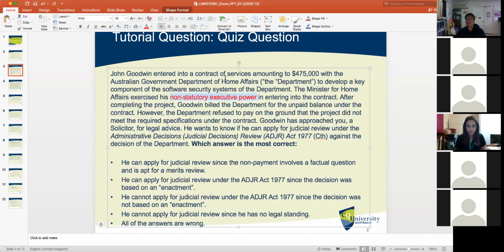But how about jurisdictions such as the UK or New Zealand, where they don't have a written constitution? What then is the basis for the Prime Minister and his cabinet exercising executive power in the absence of a written constitution? At least in Australia, because of Section 61 of the Constitution, we know that there is a legal or a constitutional basis for the exercise of executive power. It's Section 61. So let's be clear about that.